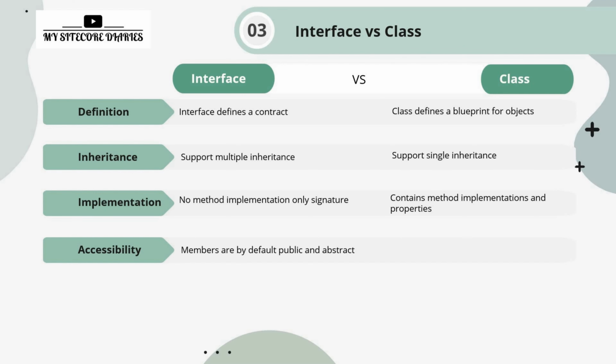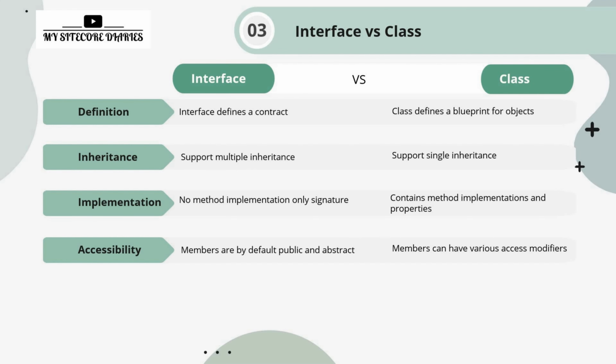Accessibility. Members are by default public and abstract. So we have already seen in interface, all the members are by default public and abstract. Class, the members can have various access modifiers. What are those various access modifiers? We have already done previous videos where you must understand what is access modifier.